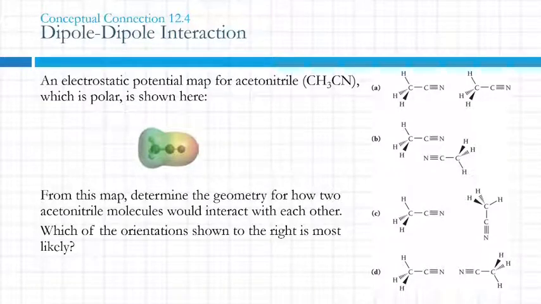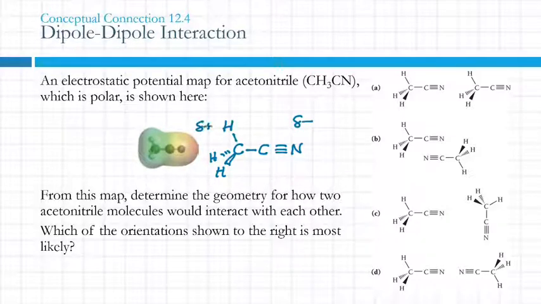What we've got here is the carbon with the hydrogens and another carbon and then the nitrogen over here. So this is the nitrogen end, this is slightly negative, and this end is slightly positive.